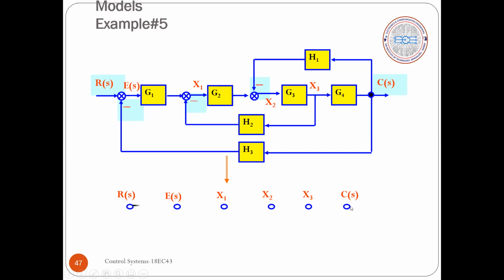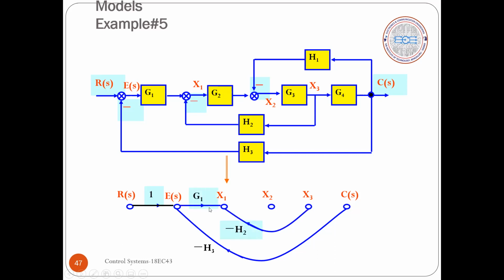Now we have to connect these nodes based on the given block diagram. See here, from input to this summer, no gain is mentioned, so you have to take a unity path and connect those two things. And from this summer to this summer, we have a G1, so that we have to draw here.